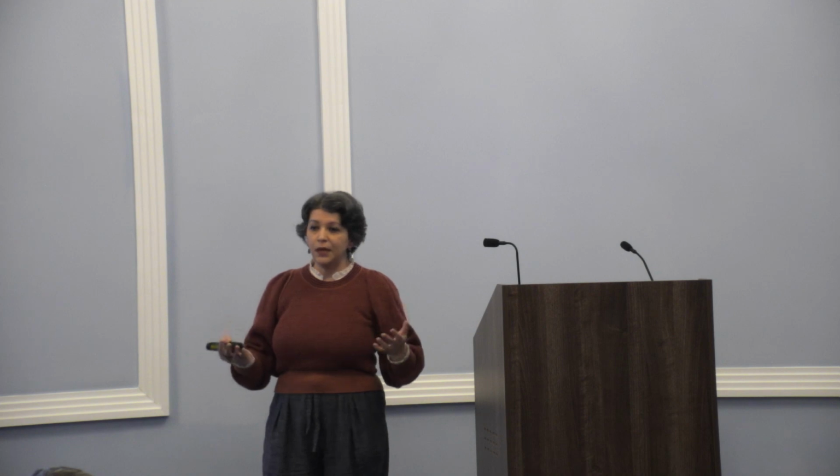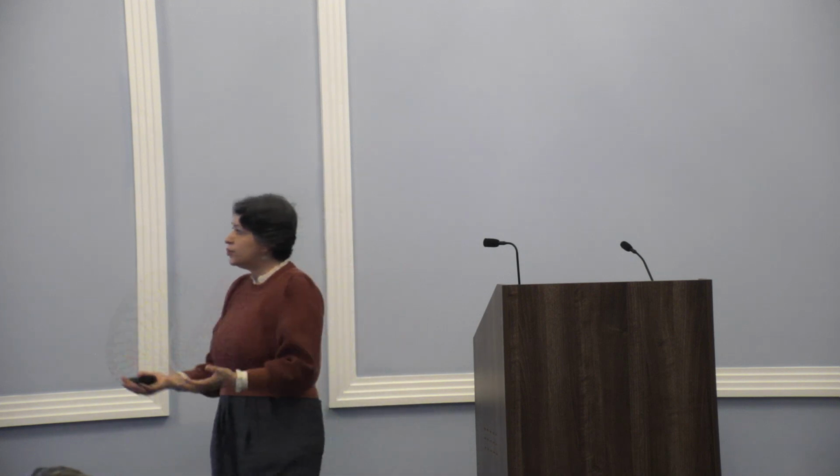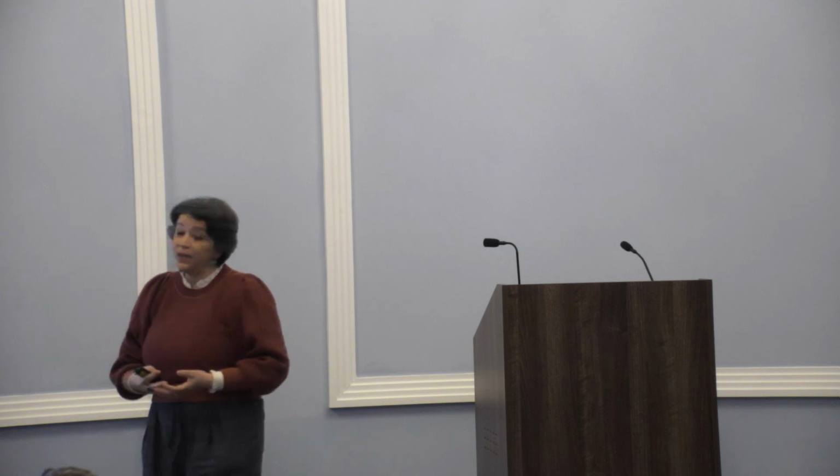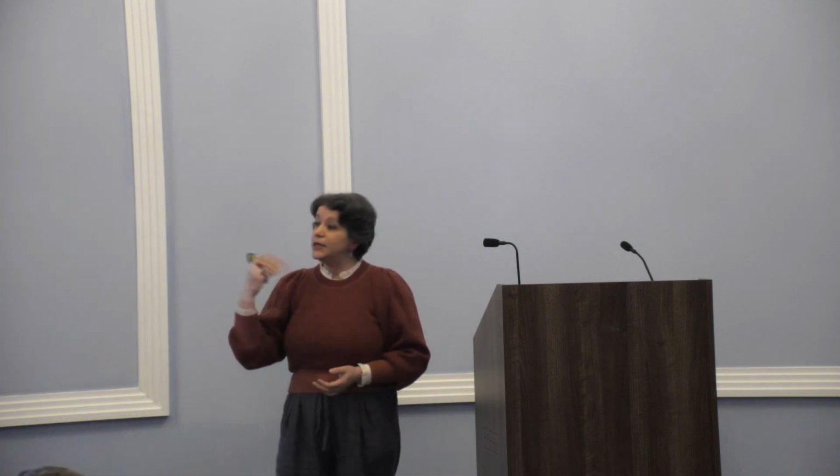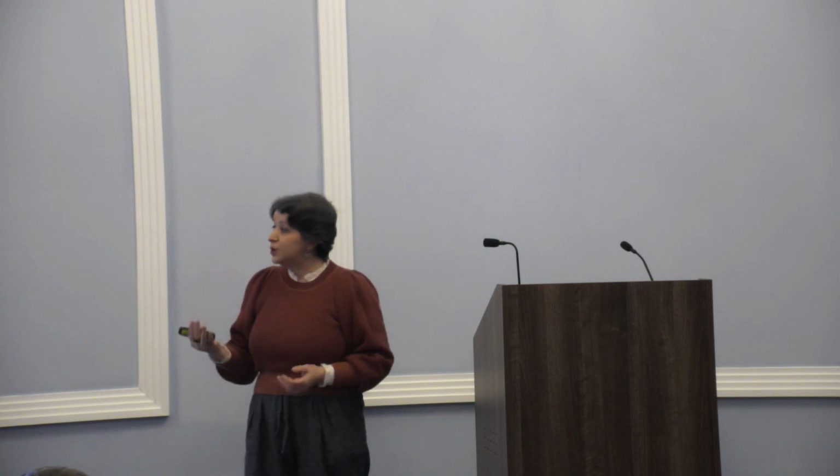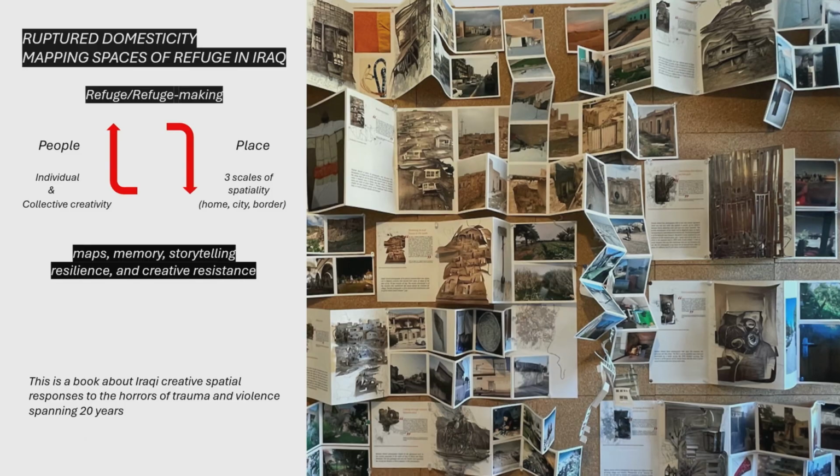None of them is gory images of blood and destruction, which is how Iraq has been portrayed in the media for quite some time. It's about how people responded to all of that, from how they dealt with the changes in their homes, how they changed their cities, but also how they dealt with displacement, and it's saying restarting.